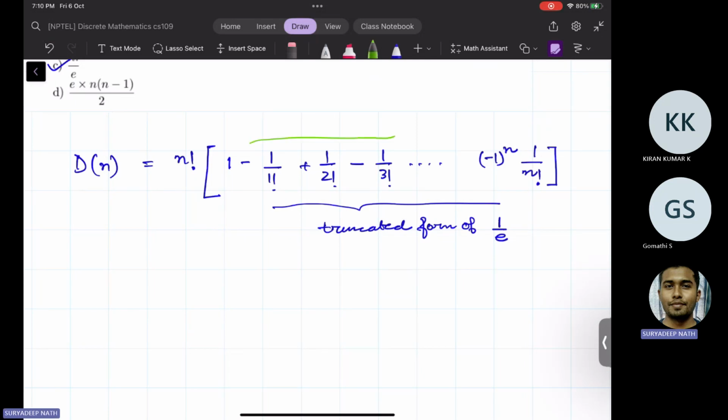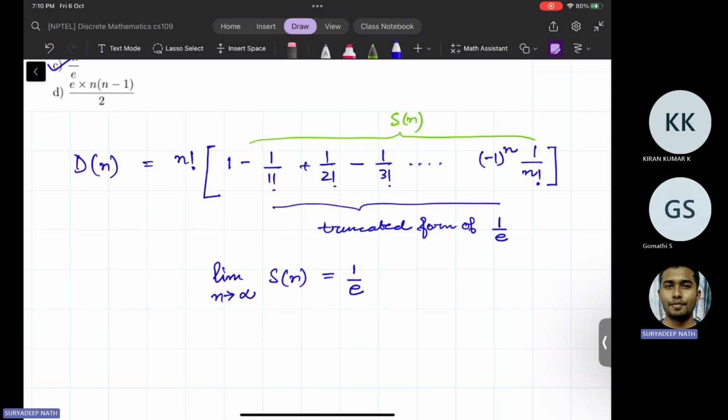Let us call this series S of n. So the limit as n tends to infinity of S of n is 1 by e.